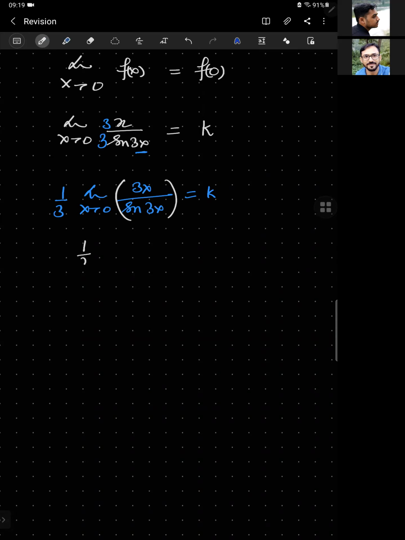So 1 by 3 times 1 upon 1, that is the reason, equals k. So on simplifying, we are getting the value k equals 1 by 3.